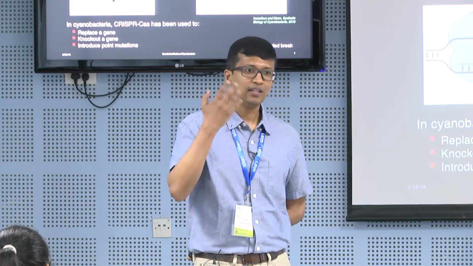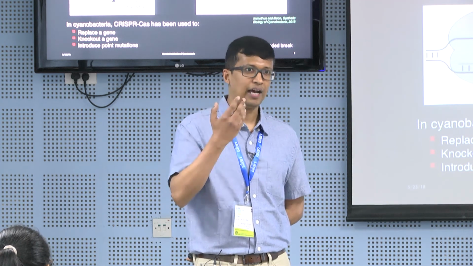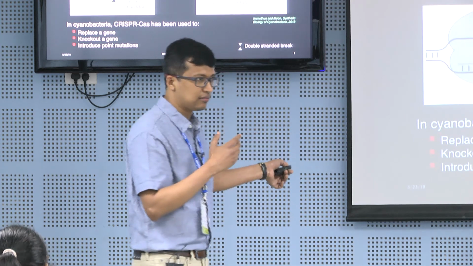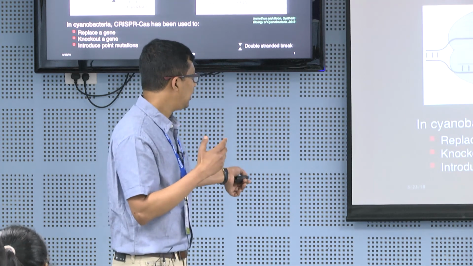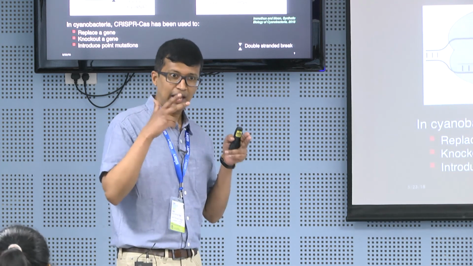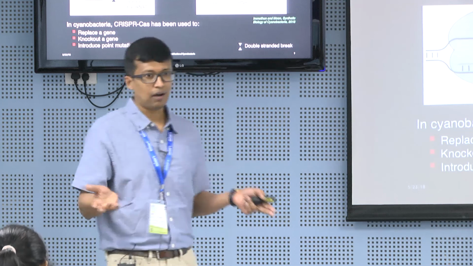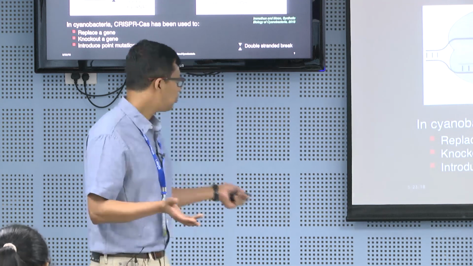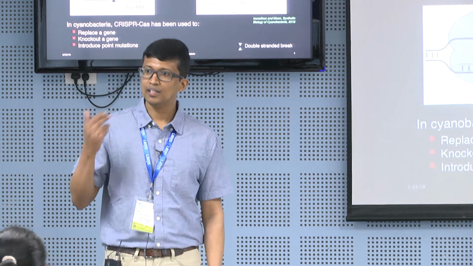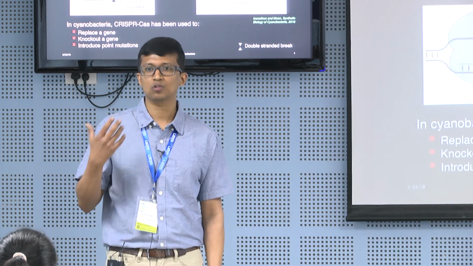Now, one thing that I will not have time to talk about is that once it cuts the genome, it could do all these things. It could replace a gene, it could knock out a gene, plain and simple, and it could also introduce point mutations, because sometimes just introducing a point mutation you can achieve so many different things.